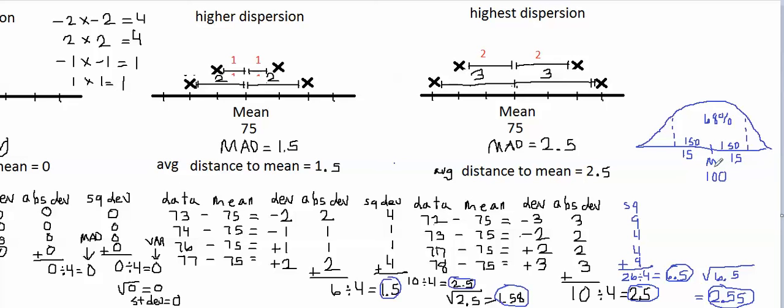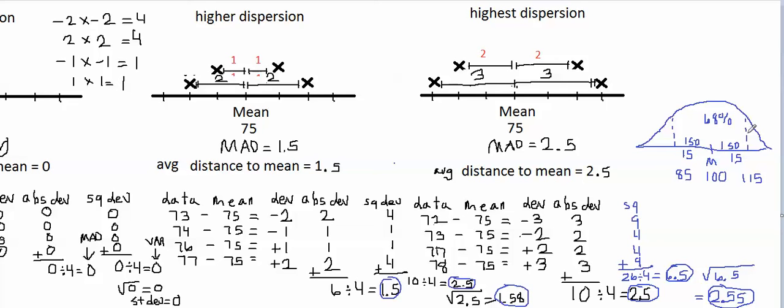So 15 below 100 is 85, which is one standard deviation below the mean. One standard deviation above the mean is an IQ of 115. It turns out that 68% of the general population has IQs between 85 and 115.